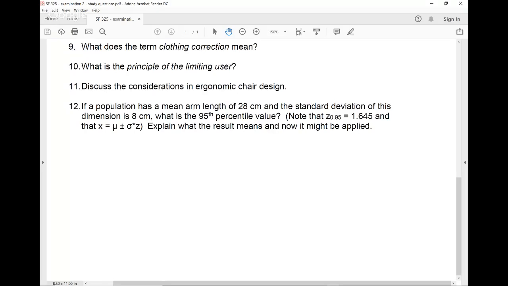If we do that, we get 41. Sorry, I'm writing sideways. We'll round up to 41.2, and 14.8.